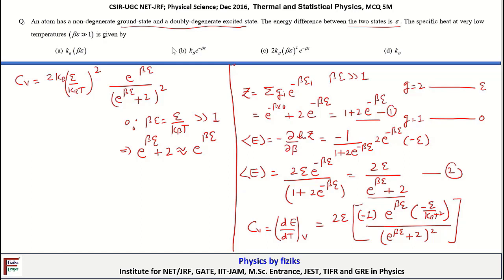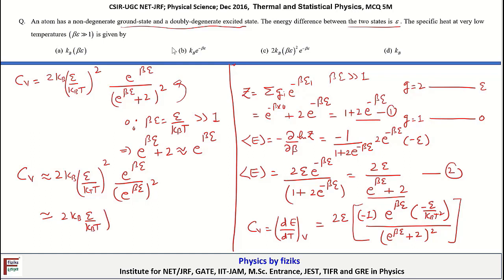Okay, so under this approximation I can rewrite Cv, that is approximately equal to 2 kB E upon kBT square, and then applying this approximation in this expression, this comes out to be exponential beta E upon exponential beta E squared, and that is almost equal to 2 kB E upon kBT square exponential minus beta E. Okay, so that's the final expression for the heat capacity under the approximation beta E much greater than unity.